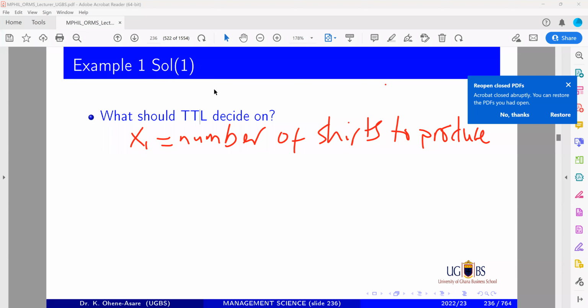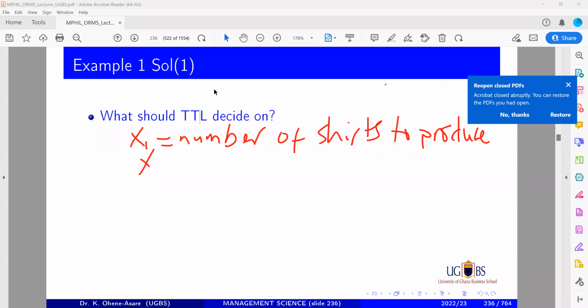Francis, they are integers, yes. They are integers, and they are pure integers. You cannot have 1.5 shirts.